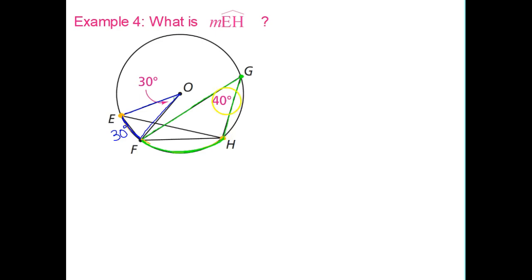So if we know that the angle is 40 degrees, then the arc is twice that, which would be 80 degrees. So to find the whole measure of EH, we would take 30 plus 80 to get 110 degrees.